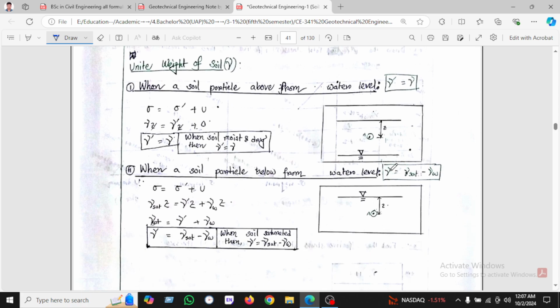Okay, so let's see how we define this. When the unit weight of soil is gamma and the soil is above the water level, we say gamma prime equals gamma. We know the total pressure equals the effective pressure plus the pore water pressure.